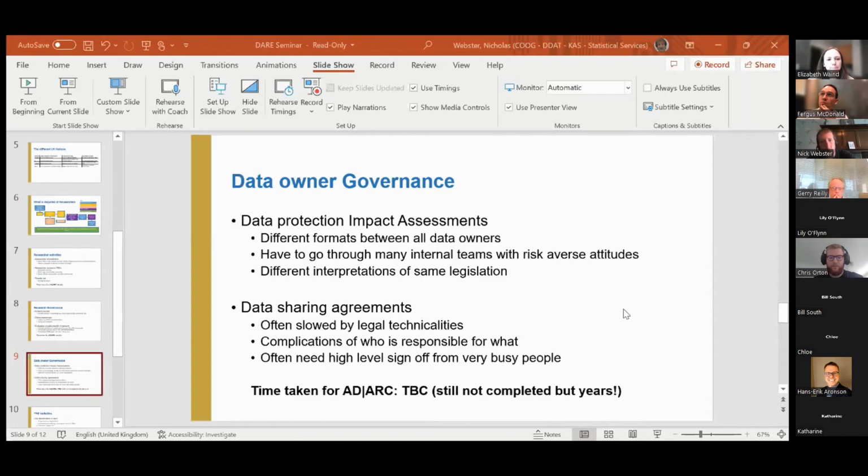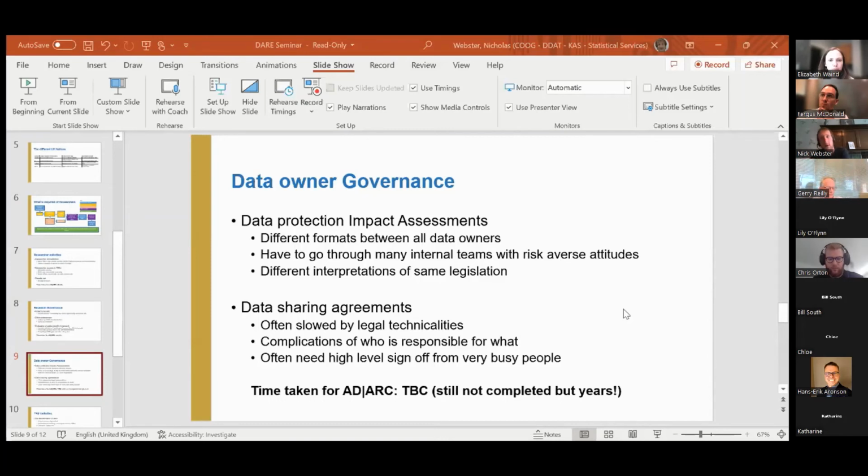But there's different formats between all data owners, between different government departments. There's a lot of risk aversion, understandably, but part of the Digital Economy Act is to try and give a legal basis to allow this work, and that's still yet to filter through all of government. And again, different interpretations of the same legislation.